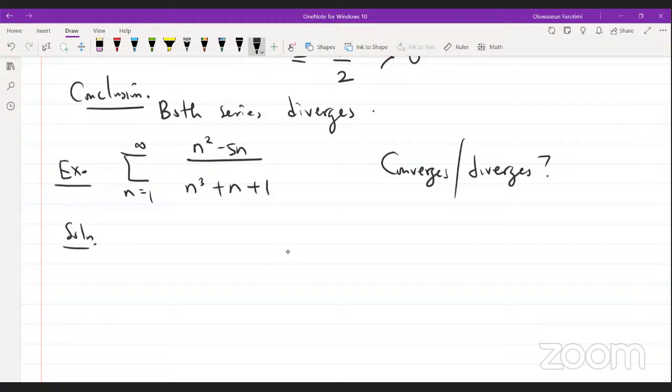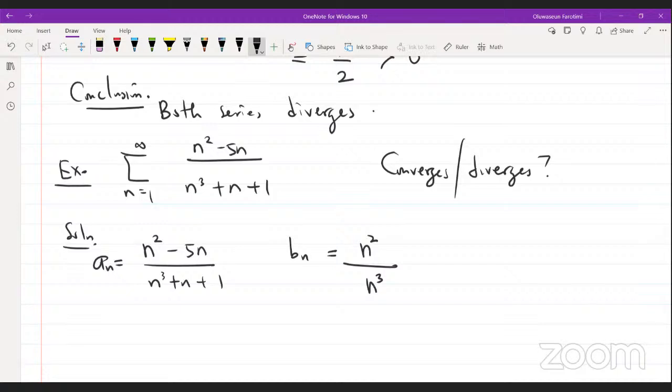I'm going to pick this guy, n squared minus 5n divided by n cubed plus n plus 1. This is my an, the original series. How do I know the series of bn? You take a look at your an. What is the largest thing on the top? The largest thing on the top is n squared. What is the largest quantity on the bottom? It is n cubed.